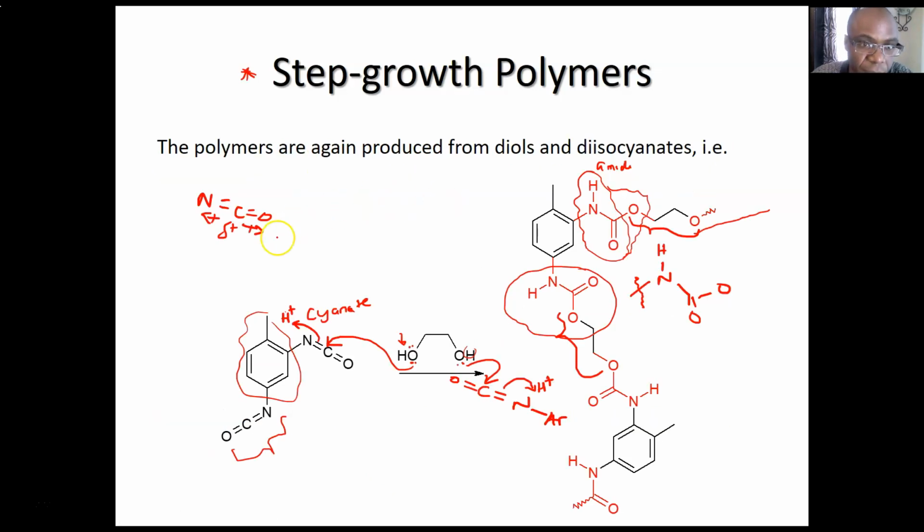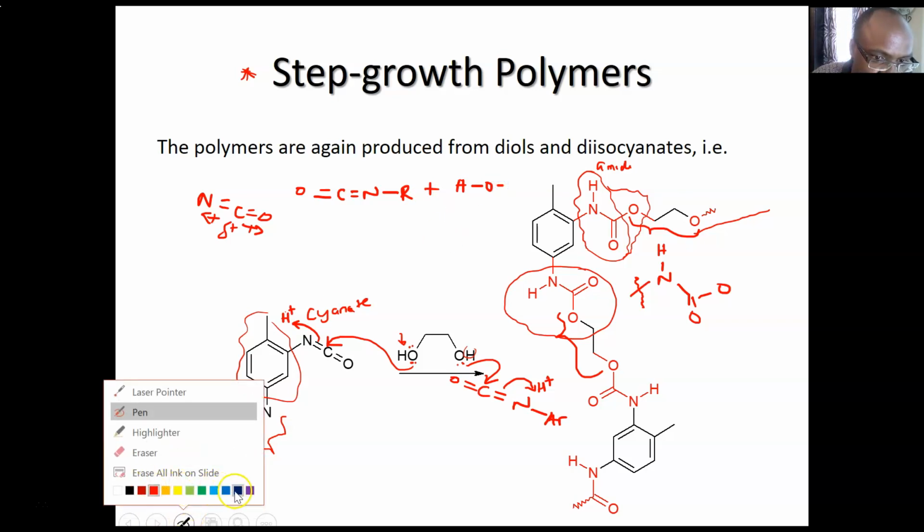So in summary, if you have a cyanate, let me give you a summary here so you don't get confused. If you have a cyanate and you add an alcohol, let's use a different color.